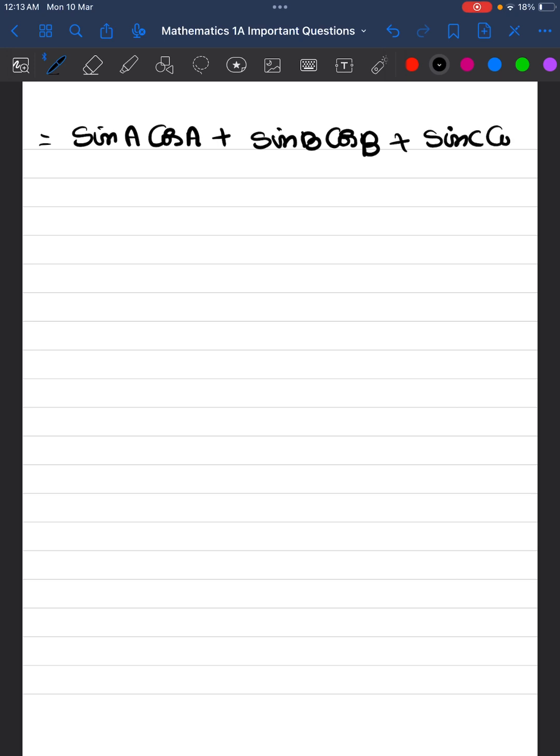After this, clearly we know the formula: 2 sin A cos A is sin 2A. So I am multiplying and dividing the total terms by 2.